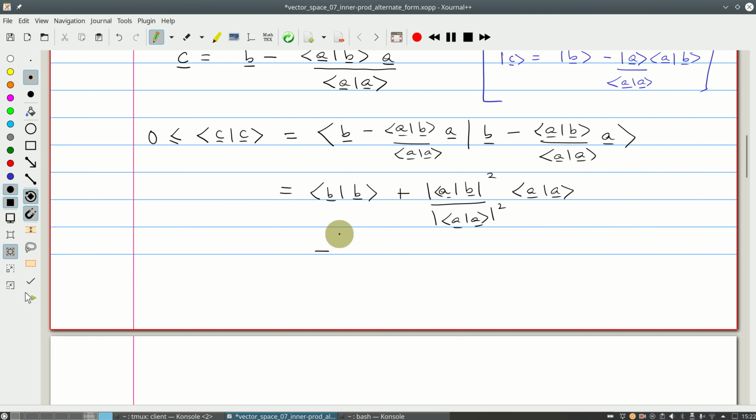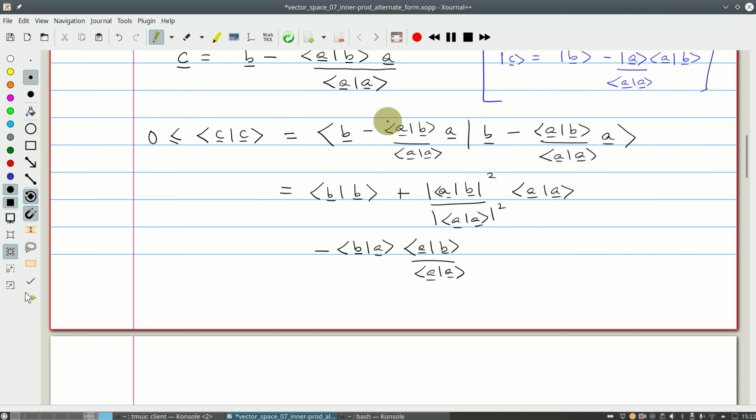Minus B with this term here, so minus the inner product of B with A, and then this is a scalar, A with B divided by A with A, and then we have this term multiplied by the inner product with B.